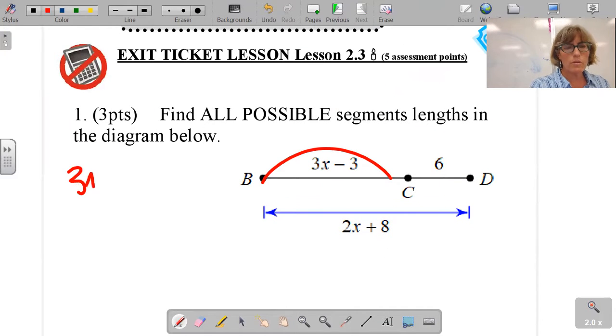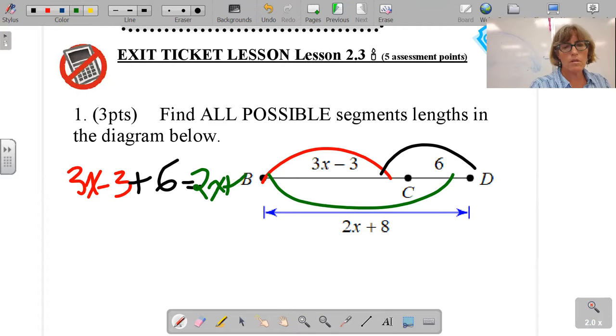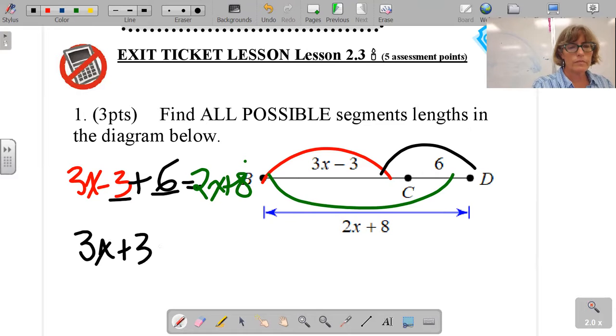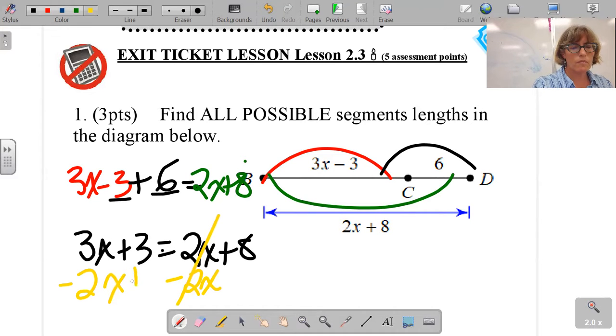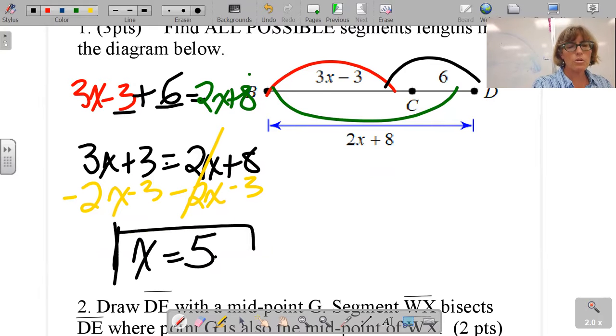This one, solve for x. We get x equals 5.